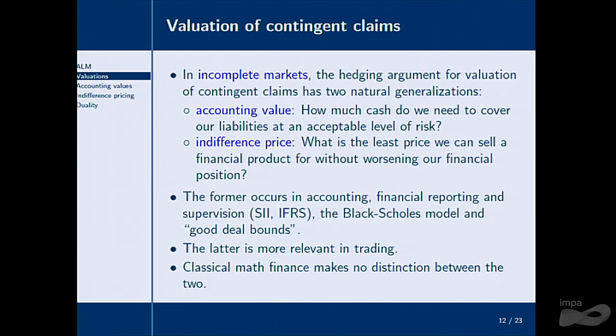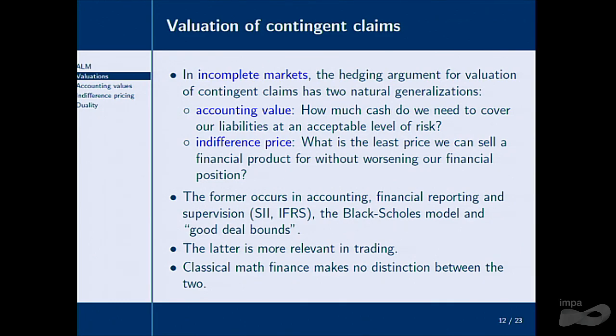The second notion is more relevant in trading. It's the classical indifference price, going back to Hodges and Neuberger in finance and even further back in history in actuarial mathematics. In insurance, it's often called the zero utility principle or something like this, for determining the premium for an insurance contract.